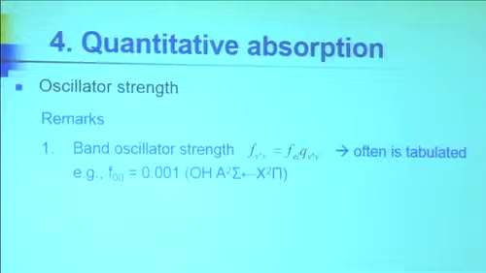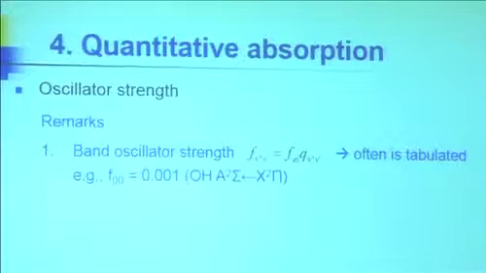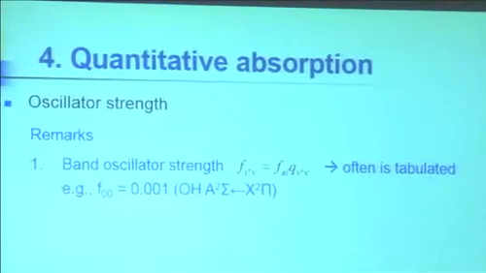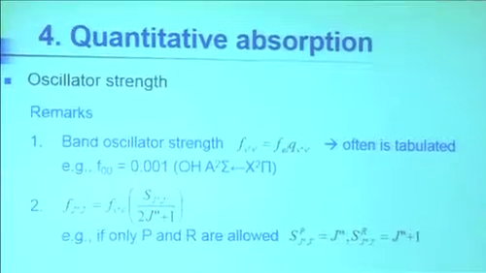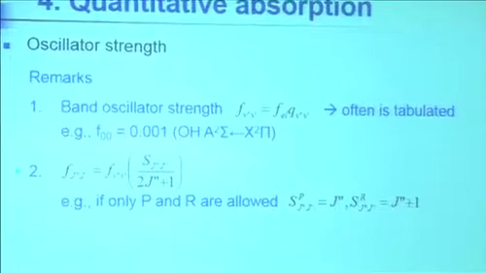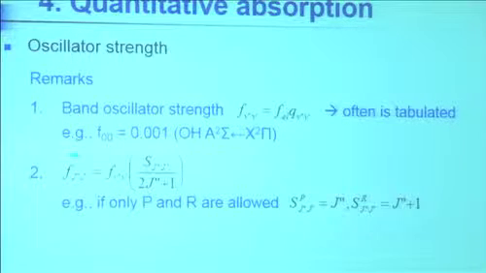Now, if I have that number, I just have to multiply by the Hönl-London factor, and I have the strength of my line. So usually it's in a very compressed form like this. The individual oscillator strength is the band strength times this Hönl-London factor expressed in this fractional form. And so the sum of these is going to be 1 if you have only P and R.